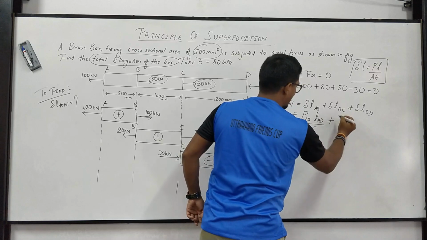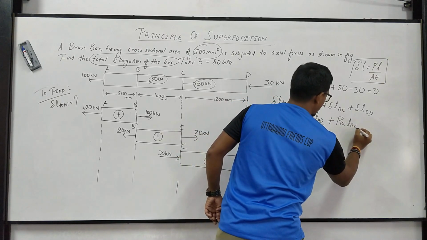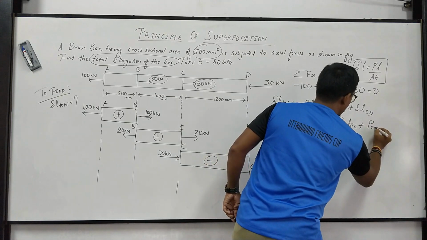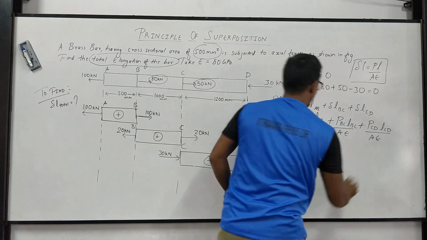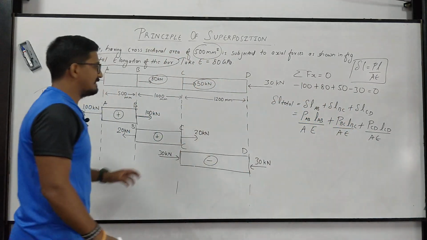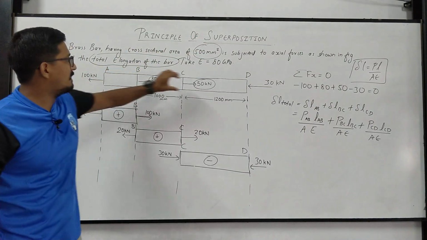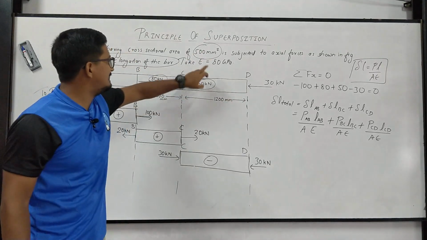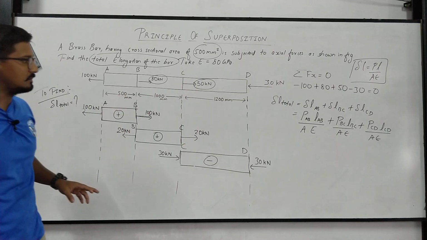Similarly I can write for delta L BC, P BC L BC upon A E, plus P CD L CD upon A E, correct? I have taken AE like this because in the question it is given as 500 mm square. This is a bar of constant cross sectional area, so 500 applies for all, and E remains the same for the material. So this is how it goes.